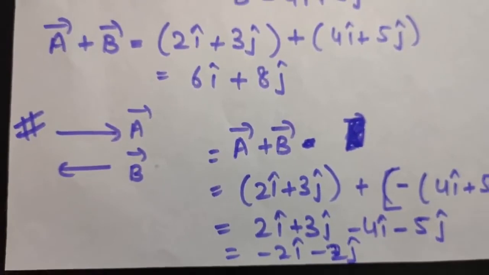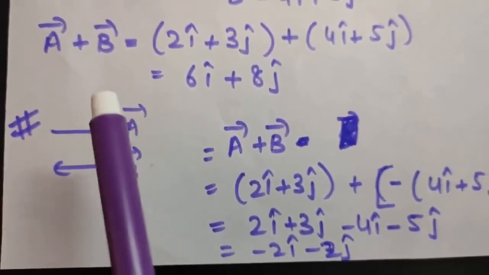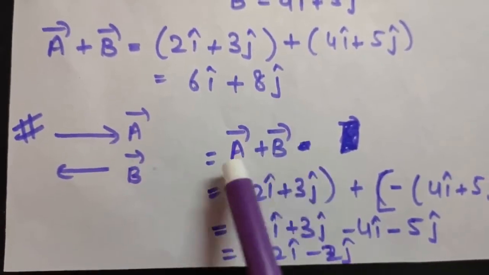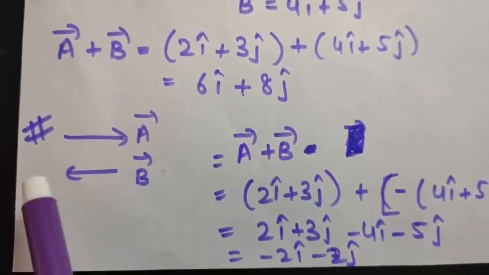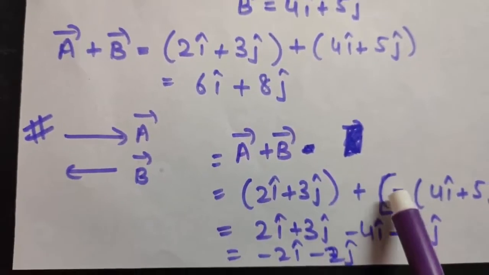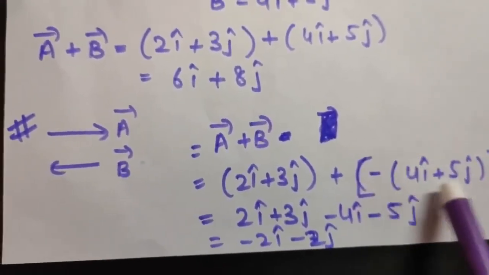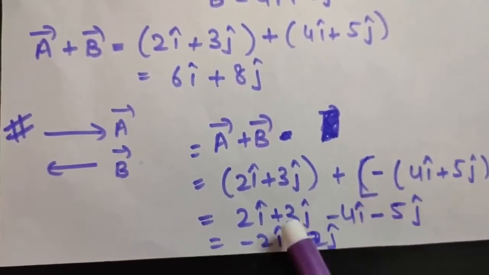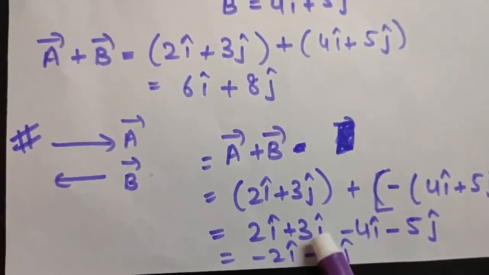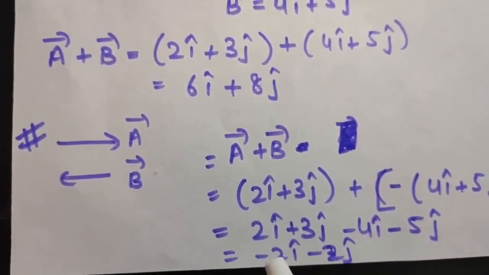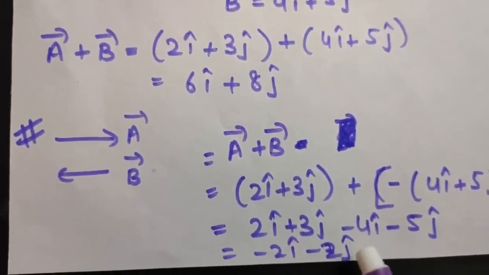Listen again: I am considering direction of A to be positive. Therefore, when I add these two vectors, because B is in opposite direction, I will use a negative sign for it: negative of 4i cap plus 5j cap, which is B. So when you open the brackets, it will become 2i cap plus 3j cap minus 4i cap minus 5j cap. And when you solve it, you get minus 2i cap minus 2j cap.